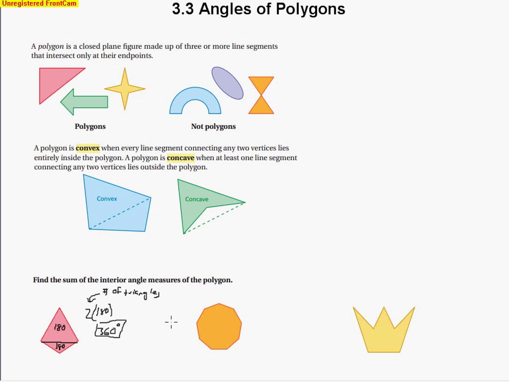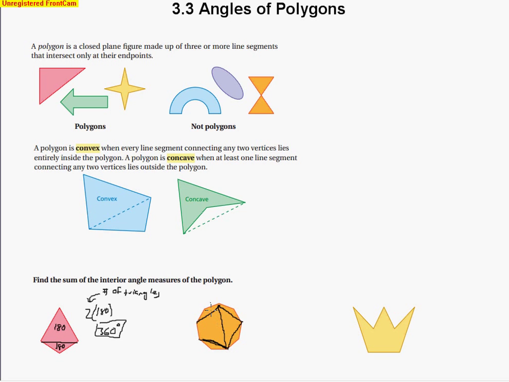On this one, we do the same sort of thing. We just make triangles inside, and you see how I can just go around making these triangles, and I can actually make some more as well. From inside, I can cut it across this way.